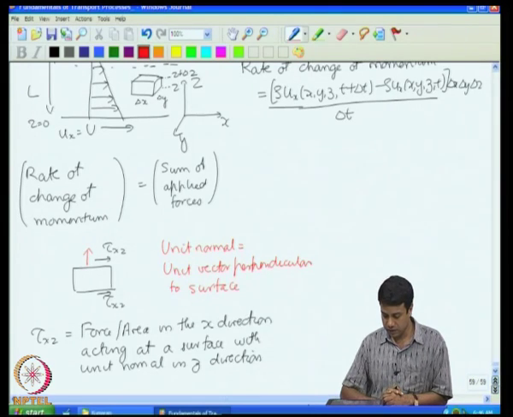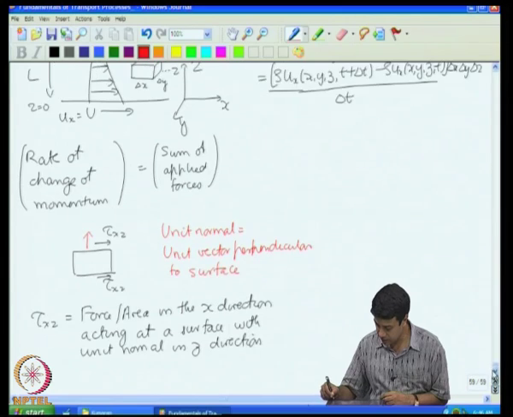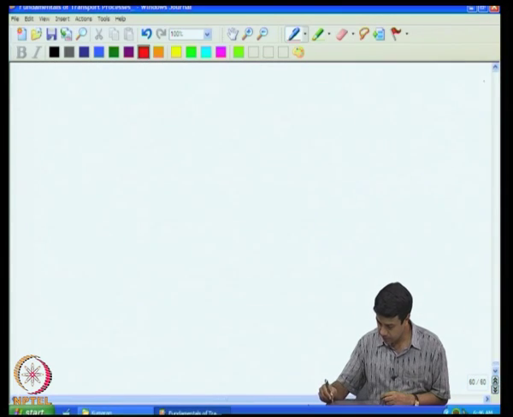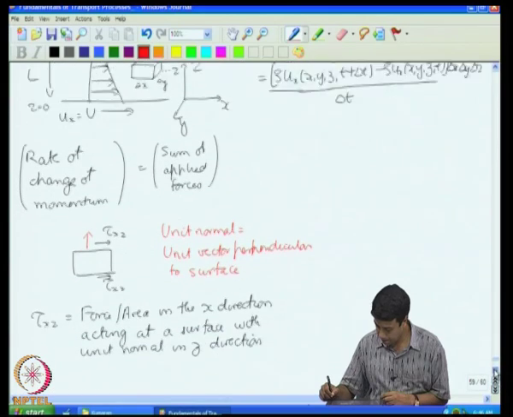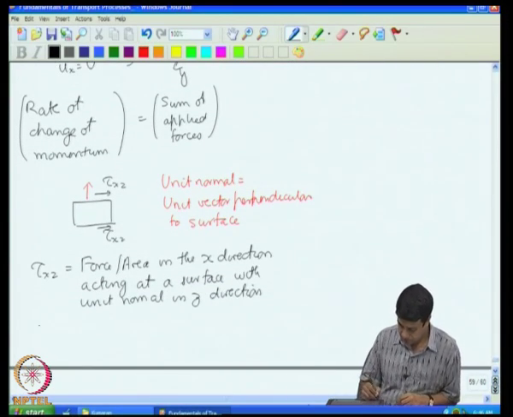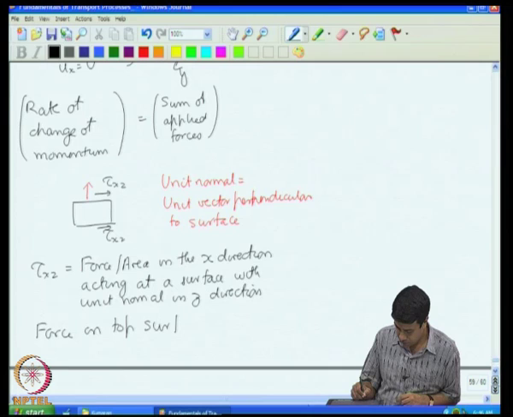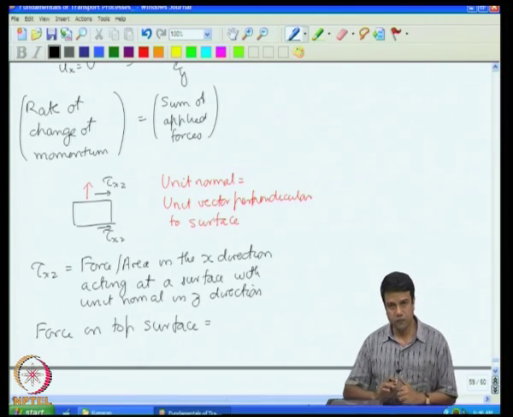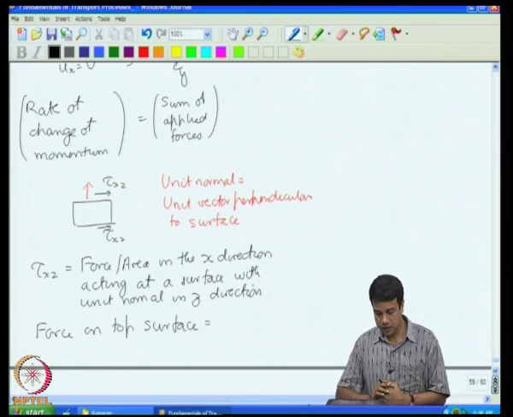Therefore, the force on the top surface has got to be equal to the shear stress times the area of the top surface.